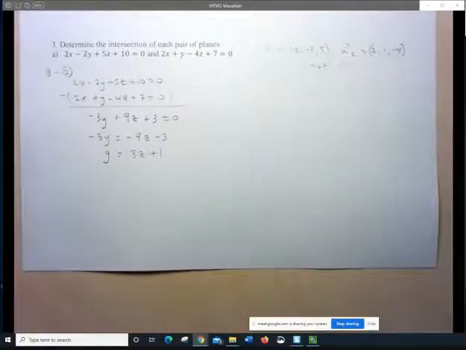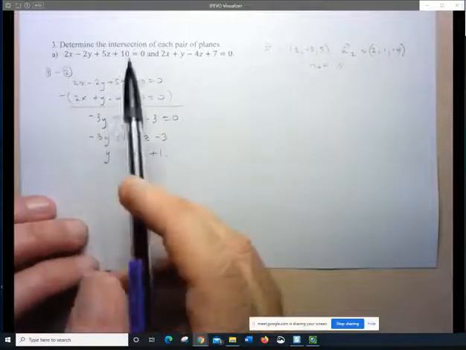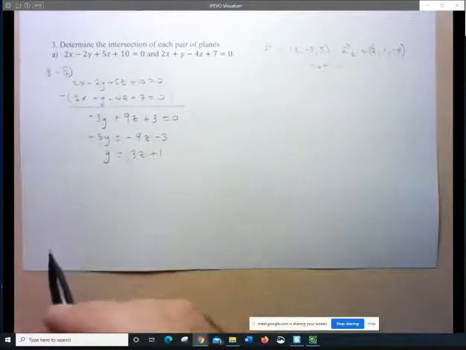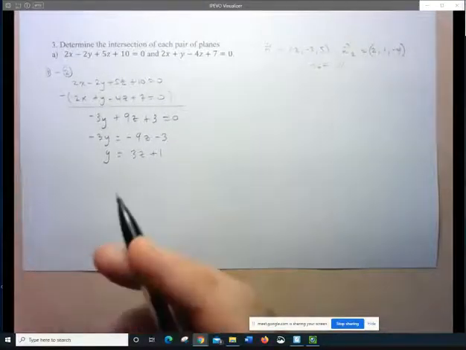Where am I going next? Let's make some suggestions here. Yeah, plug it in where? What do you mean by plug in? There you go, substitute this back into one of the original equations, like you would have done in the past.